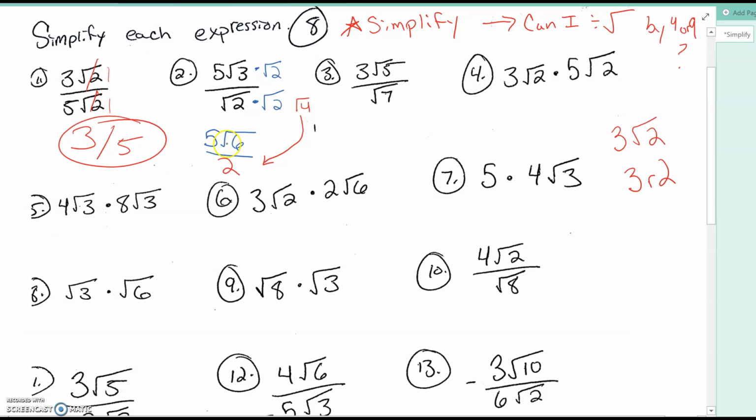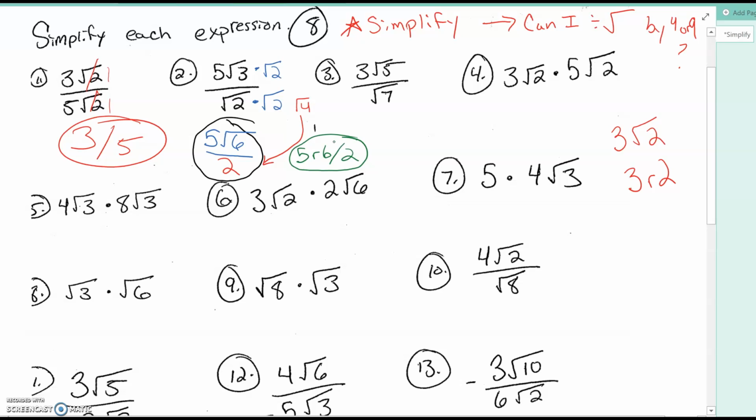One is inside, one is outside, does not have a square root, so I cannot simplify those two, so I am done. It's just 5 square root of 6 over 2. So if I wanted to put that in the Edpuzzle, I would just write 5R6 over 2. That's what I would like to see in the Edpuzzle.